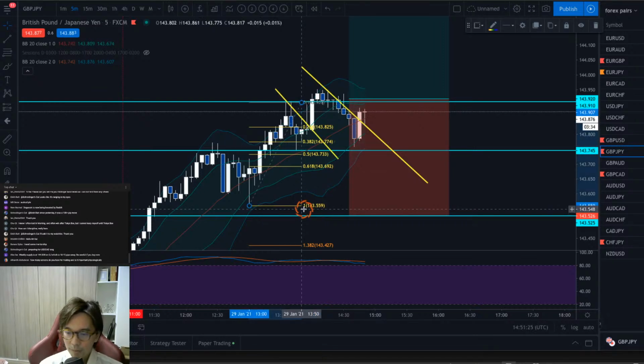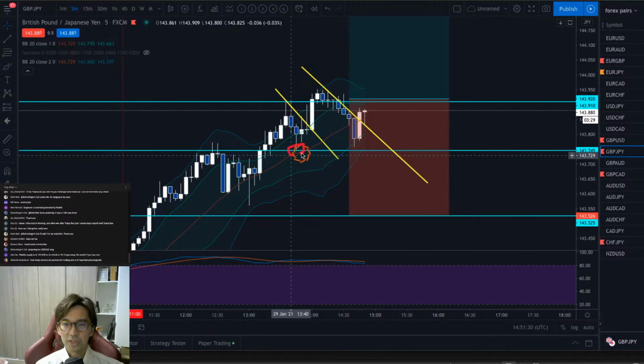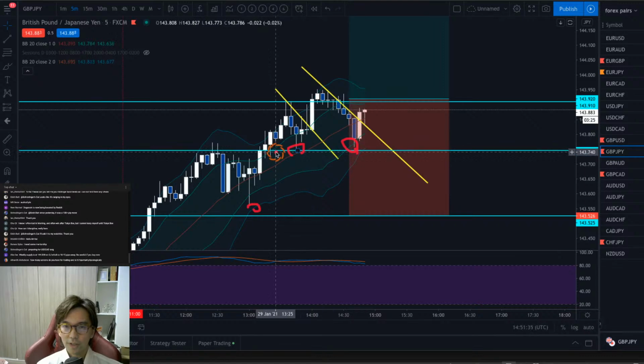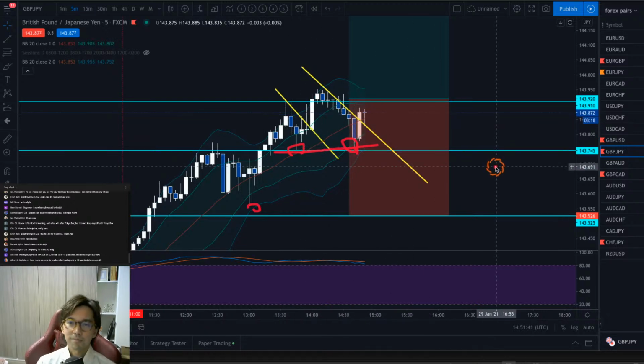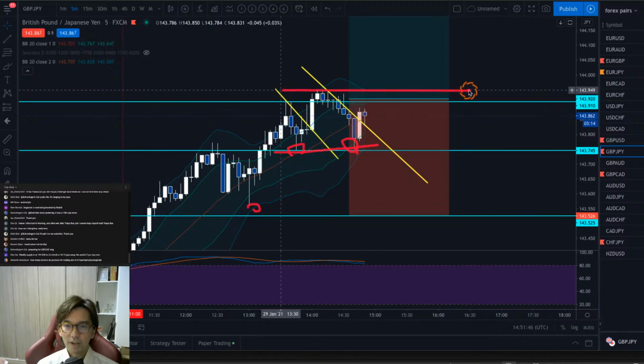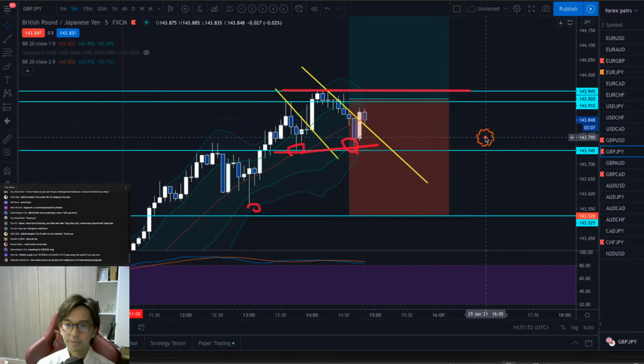You see here, the market is making slightly higher lows, so I can still see that there are more buyers than sellers in the market. So I still expect the market to break the previous high at this level, 143.94. We'll see if it happens.